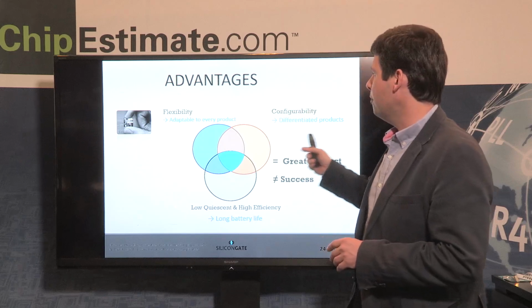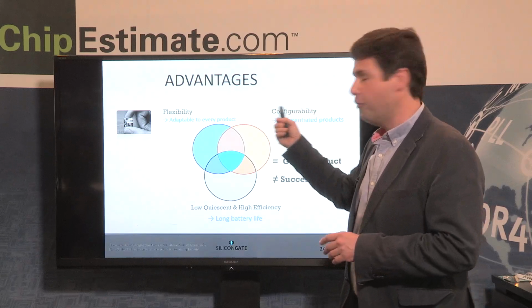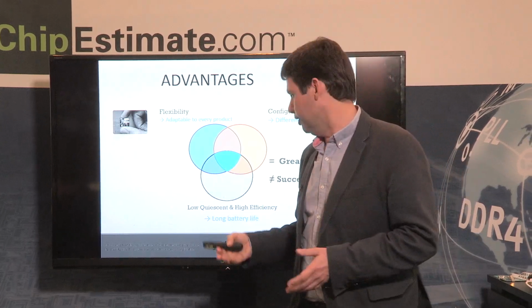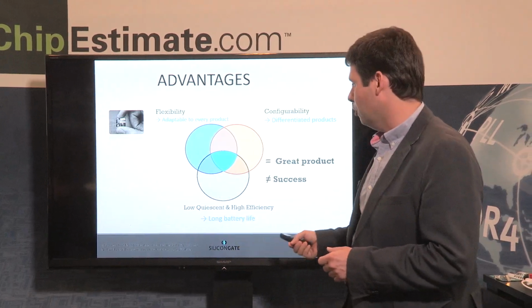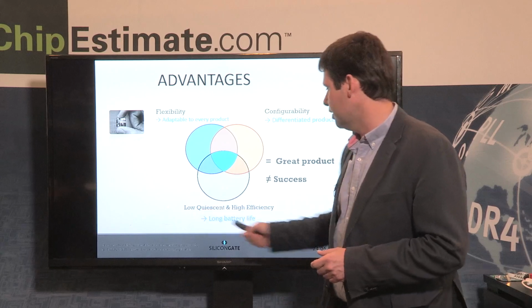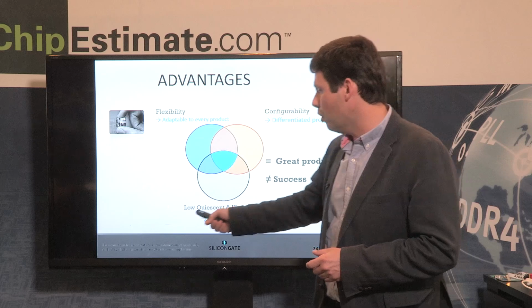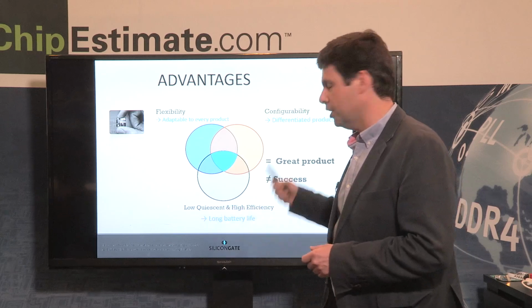But also each IP is very configurable, so that you can have differentiated products depending on your needs. And of course, all that with the low quiescent current and the high efficiency for the DC converters, and the low quiescent current that is available even for the DC converters.